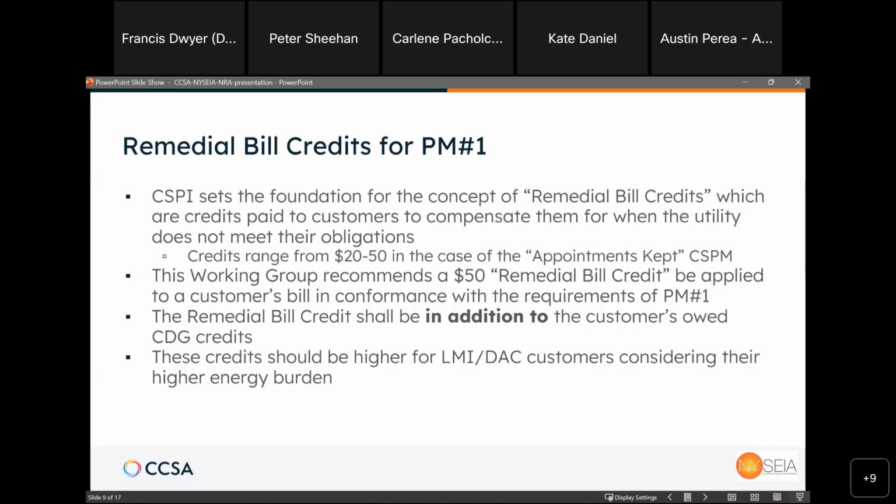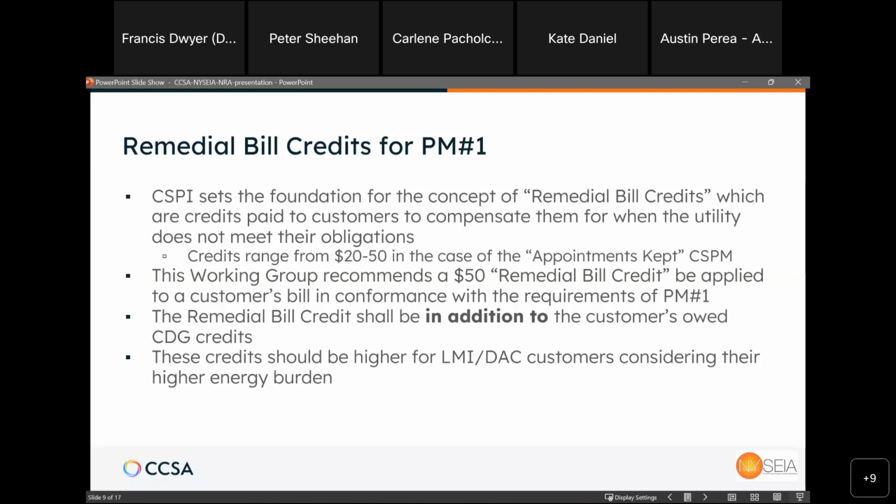We would propose recommending a $50 remedial bill credit to be applied to a customer in conformance with the requirements of performance metric 1. The way that we're thinking about this is that the application of the remedial bill credit would not require any additional data needs. You would basically look at the customers that did not receive a credit from performance metric 1, and then apply that credit.